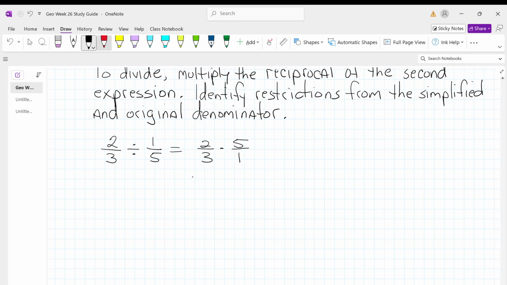You leave the original fraction the same, change the division symbol to multiplication, and then flip the second fraction. So very simply here, this would be 10/3. Except you're going to do it in a little greater sense today, with a few more steps involved.